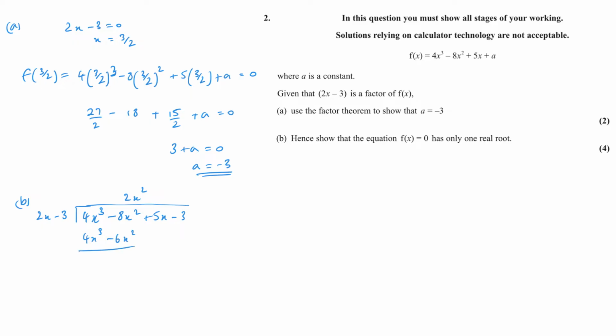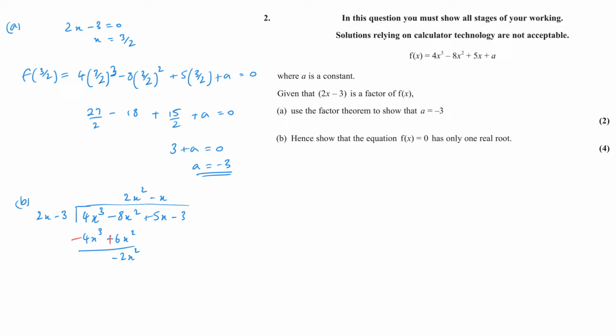And then we take away, or like I like to do is just change the signs and add. Okay, so minus 2x squared there. And then we're dividing, so it's just x minus x.